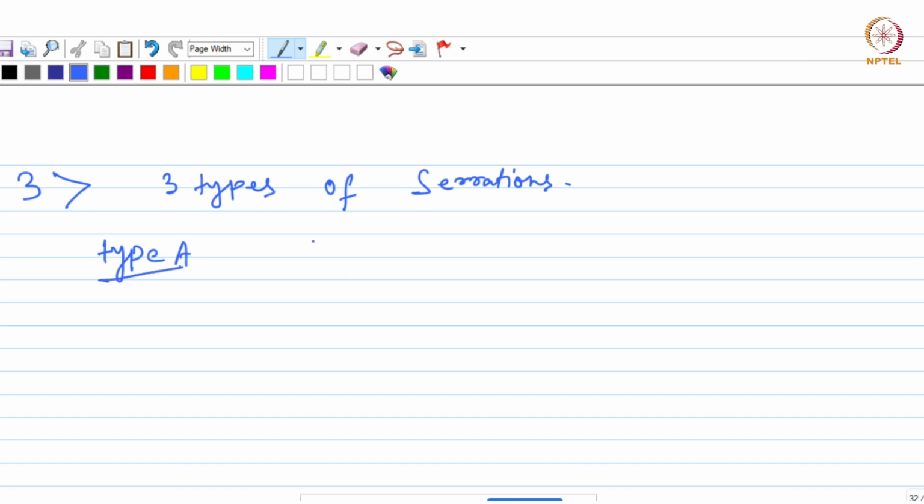Type A, which typically looks like this.